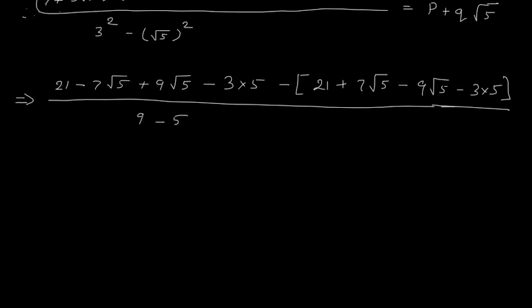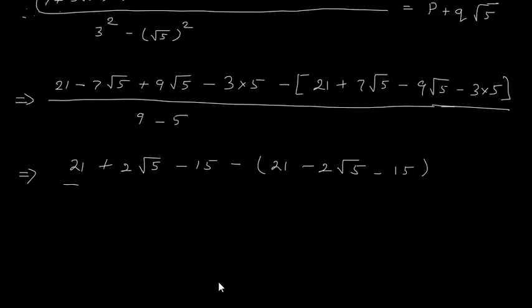So this will give you 21. Then this minus 7 root 5 plus 9 root 5, it is plus 2 root 5, and here I have 3 5 are 15, minus here inside bracket if I check, it is 21, then 7 minus 9 is minus 2 root 5, then it is minus 3 5 are 15, and then this whole divide by 9 minus 5 is 4.